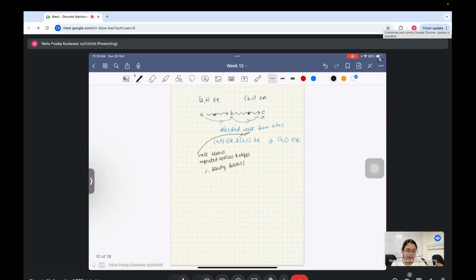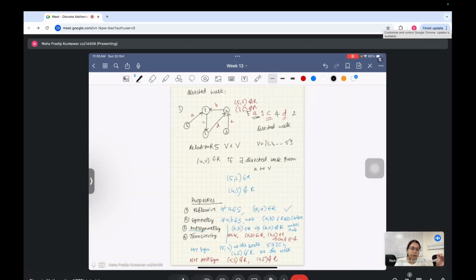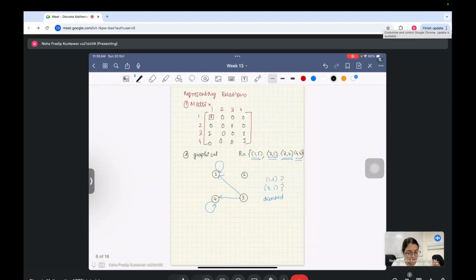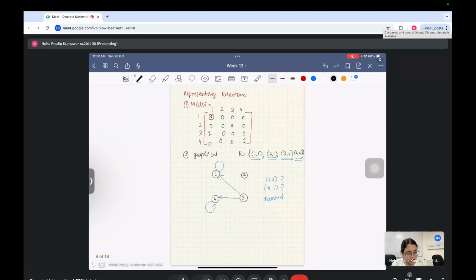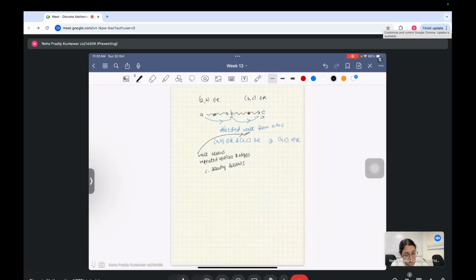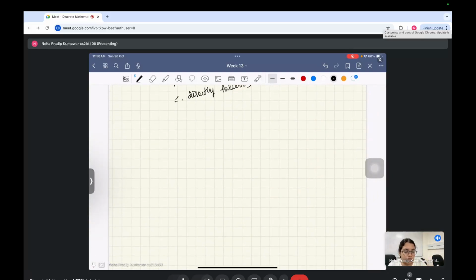Okay, so that was a quick recap about what relations are, how we represent them, and what their properties are. And notice that we also saw that if a certain relation satisfies reflexivity, symmetry, as well as transitivity, all three of them, then it's called an equivalence relation.